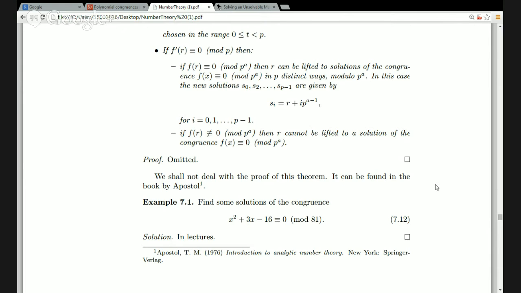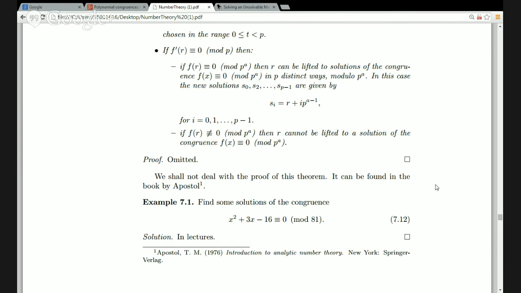Okay. So R equals 1 lifts to a unique solution S. And this is given by, so we just follow the formula for S there. S is equal to R, so R is 1, plus T times p to the a minus 1, so plus T times 3.